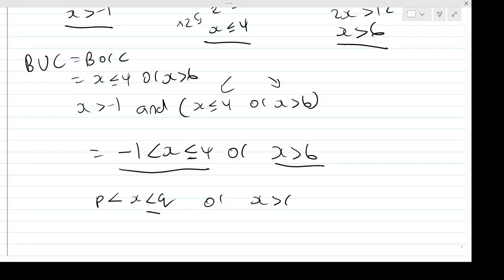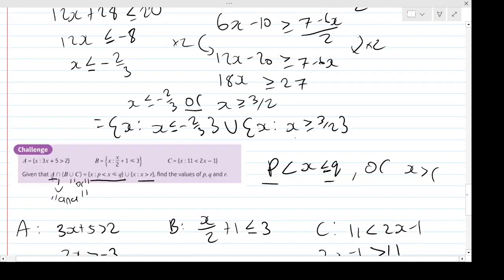Hopefully you notice that if I lay it out in this way, our answer is mirroring what the question's asking. So it's asking for the values of p, q, and r, and we can just read it off. Therefore, simply, p has to be minus 1, q has to be 4, and r has to be 6, if we just mirror our answer, and that is the answer. Okay, those are the values of p, q, and r.